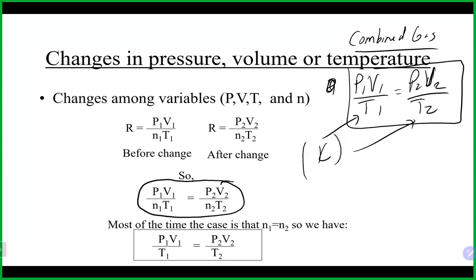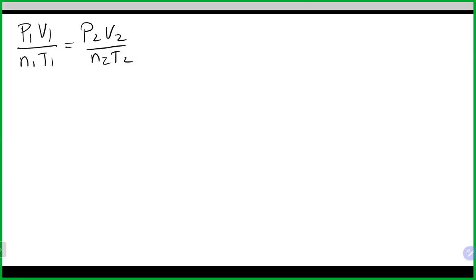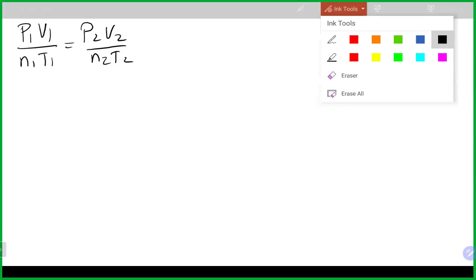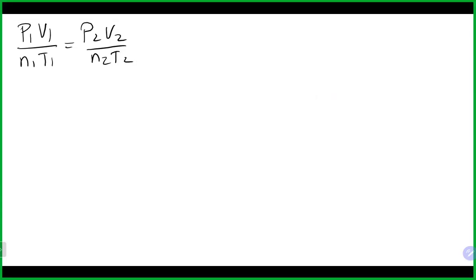And if you actually remember this version of the formula, it's actually pretty good too. So if I take that version, which is P1 V1 over N1 T1 equals P2 V2 over N2 T2, and I invest my time into remembering it, I come across a question and need to pick out what gas law to use.